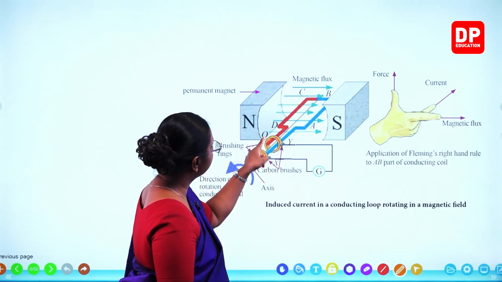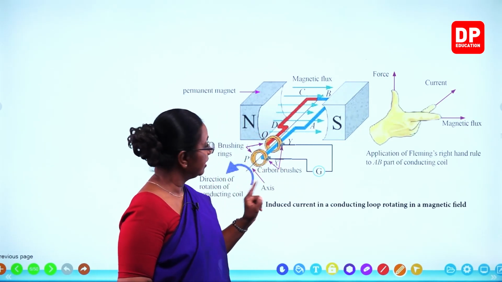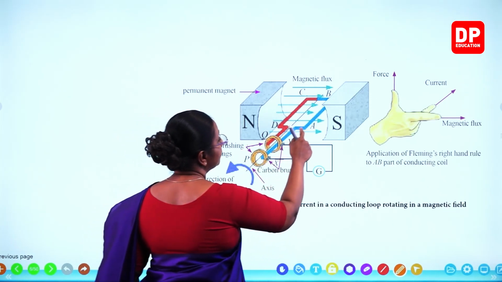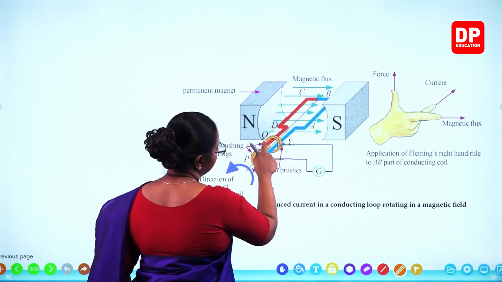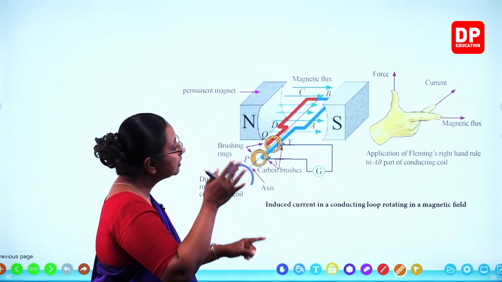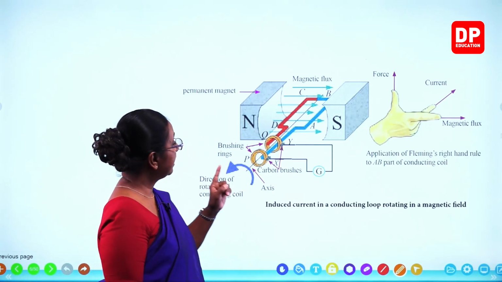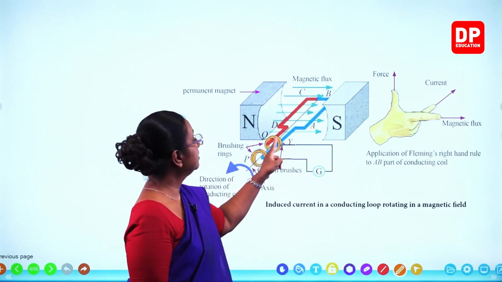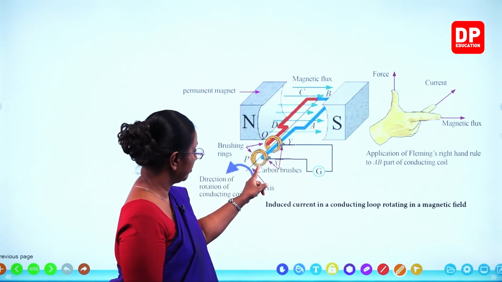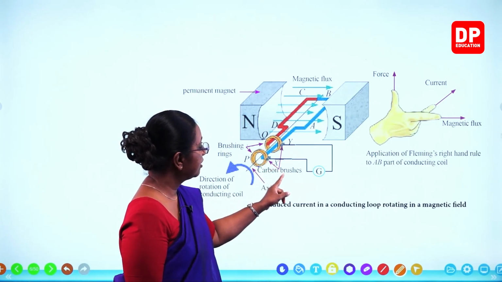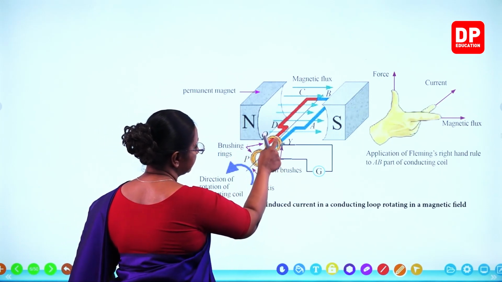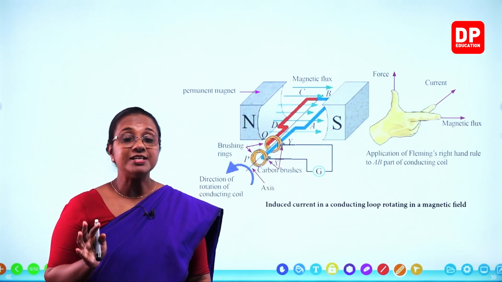So always ring Q will be in contact with Y, ring P is in contact with X. So when current flows from A, B, C, D, it comes to Q, Y and towards X. But after 180 degrees turn, then current flows from DC, BA. So DC, BA, from A the current flows to P and then to X, from X to Y. That is possible because the rings are complete. So you have to understand that.